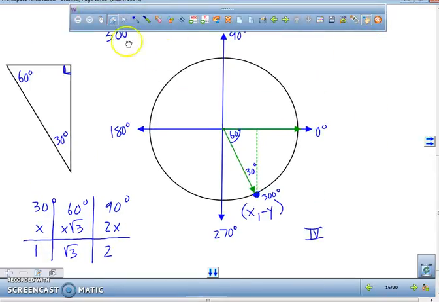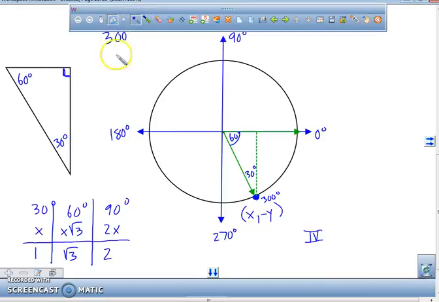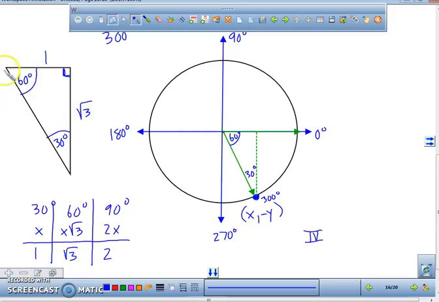So what's the distance across from the 30-degree angle? 1. What's the distance across from the 60-degree angle? Radical 3. What's the hypotenuse always going to be? 2. For the basics, obviously there are bigger 30, 60, 90 triangles, but we're just using the basics here. 1, radical 3, and a 2.